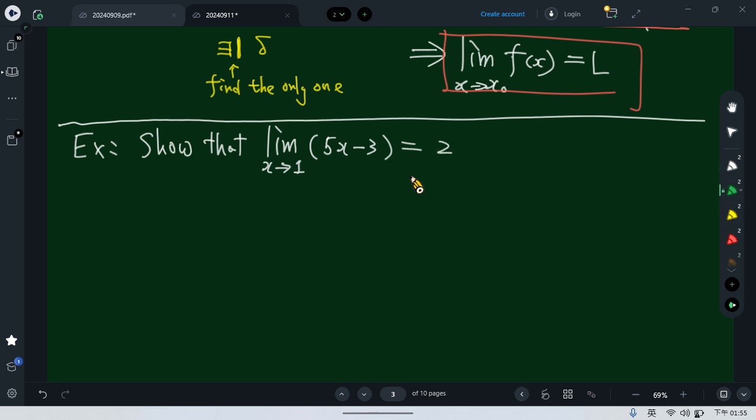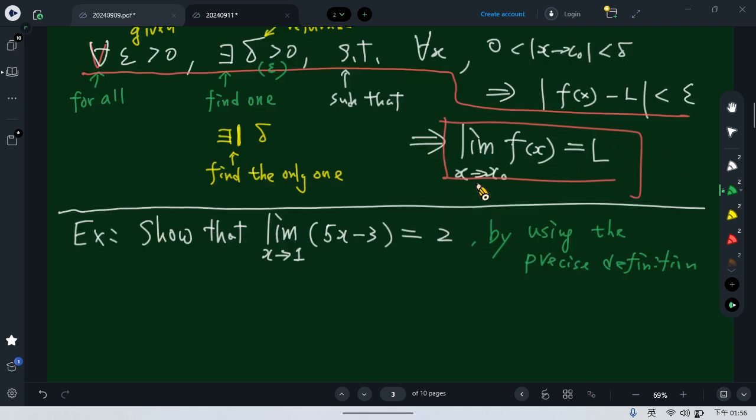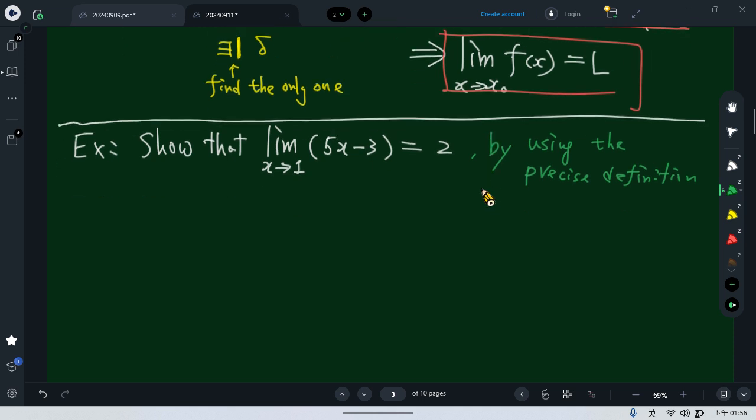But this time, I ask you to use the precise definition. If I ask you to use the precise definition, that means you need to prove that in this case, this situation holds. So, okay, let me just show you how to do that.